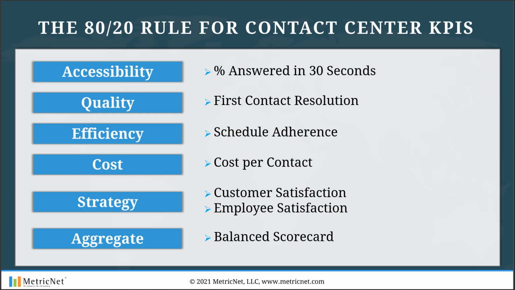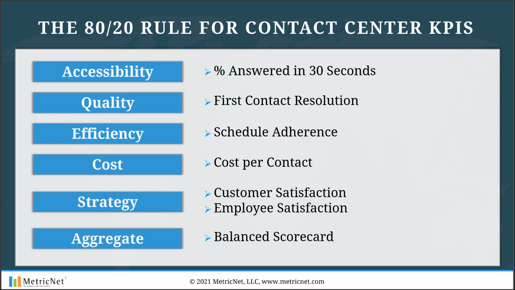Efficiency: remember, one of the components of our world-class definition is keeping it low cost, bottom quartile on cost. Cost metrics, strategy metrics, which would include your employee job satisfaction and your customer satisfaction, and then an aggregate metric, which is the balanced scorecard, which pulls together the prior 6 metrics and creates a single overall measure of contact center performance.